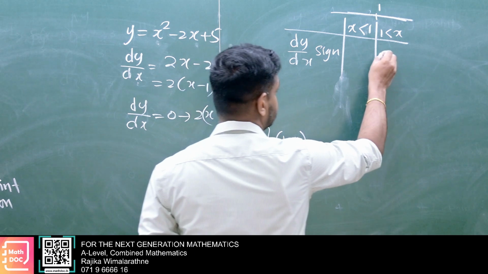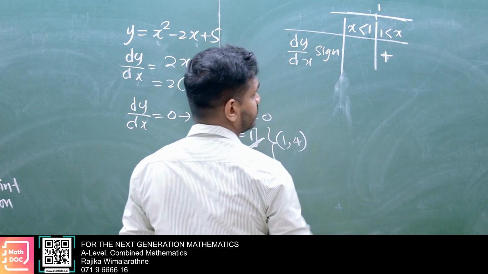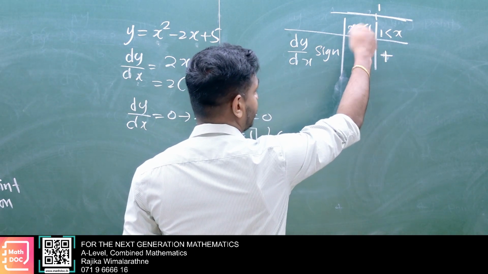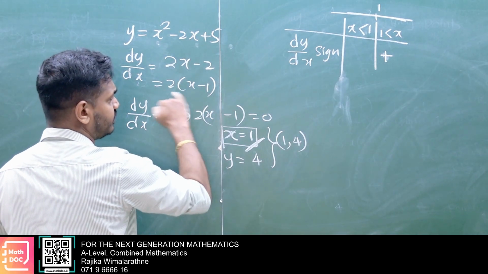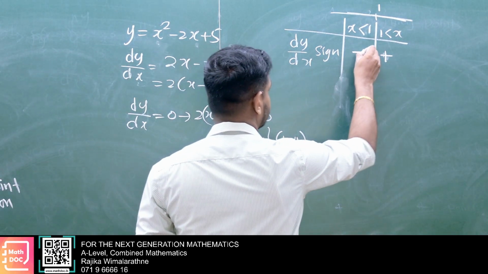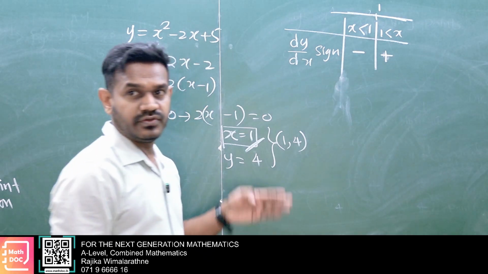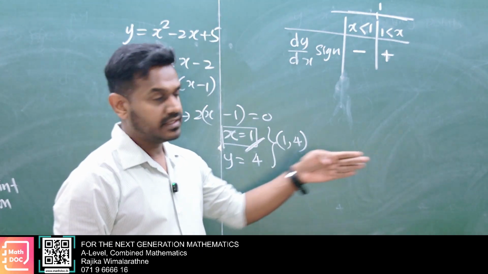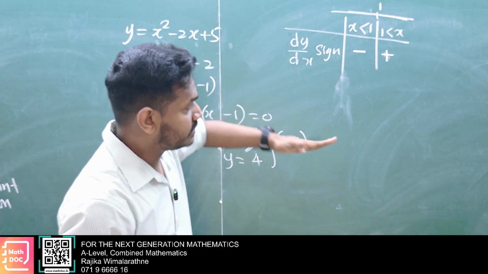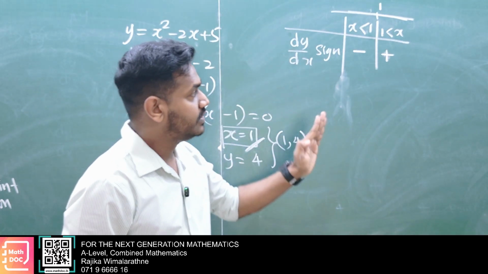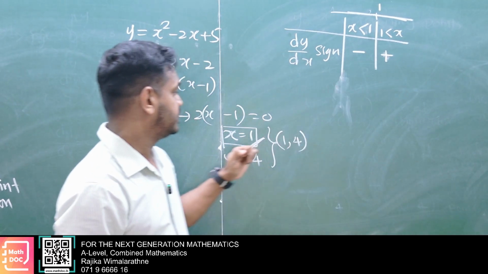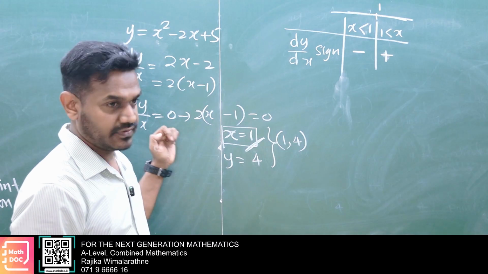Therefore, you put the sign positive. Then for the x less than 1 region, when you take any value less than 1, we get a negative value. Then dy over dx is negative. Then you go from left to right. So negative to positive variation: negative, 0, positive. Here at 1, dy by dx is 0.